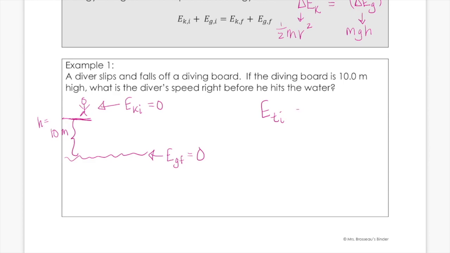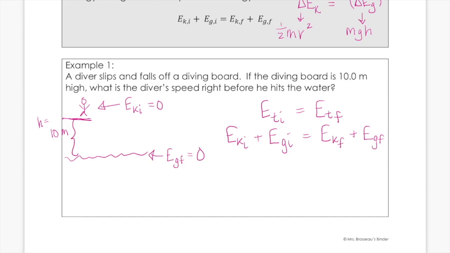The total initial energy has to equal the total final energy. Our initial energy would be made up of our initial kinetic plus our initial gravitational, and it's got to equal our final kinetic plus our final gravitational.